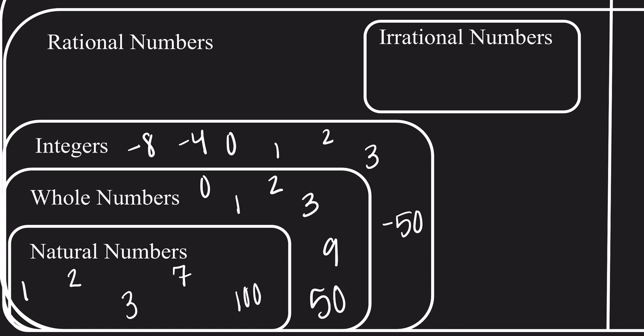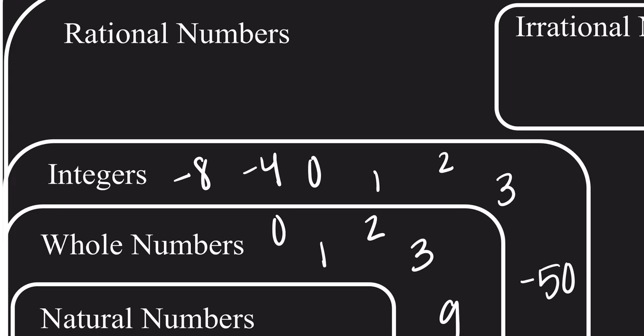Then we have rational numbers. Rational numbers are going to be some sort of fraction or decimal. It doesn't matter if it's positive or negative. What matters is we know the full decimal, like it either ends somewhere or it repeats in a patterned way where we could know what decimal place value is what number.